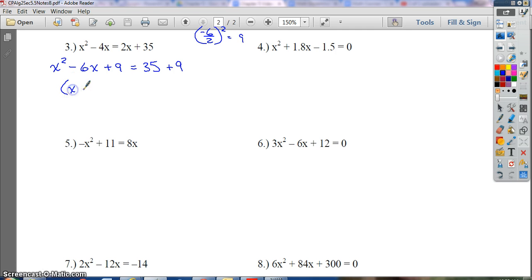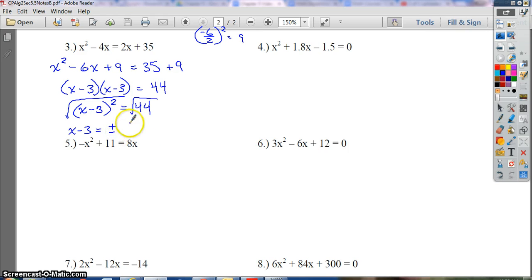This one's going to be x minus 3 times x minus 3. And this is going to be 44 over. So x minus 3 squared equals 44. Square root: x minus 3 equals the square root of 44. 4 times 11 is 44, so I can write this as x minus 3 equals plus or minus 2 square root of 11.